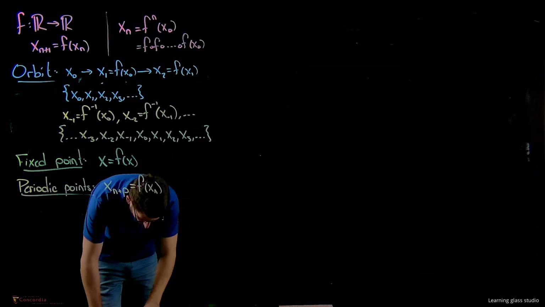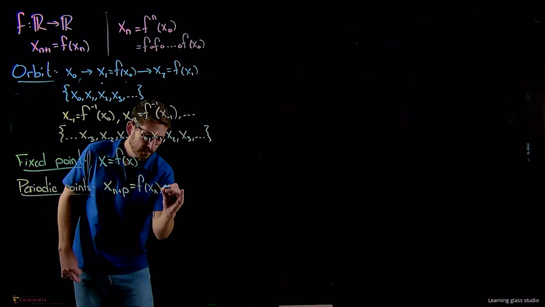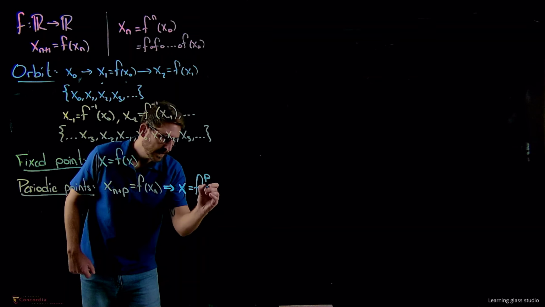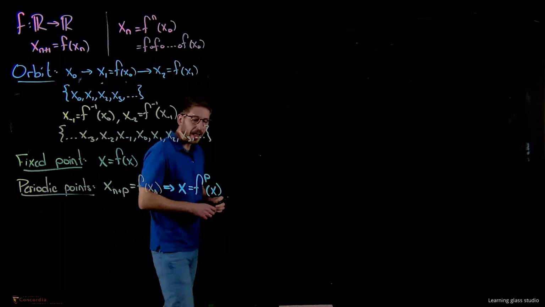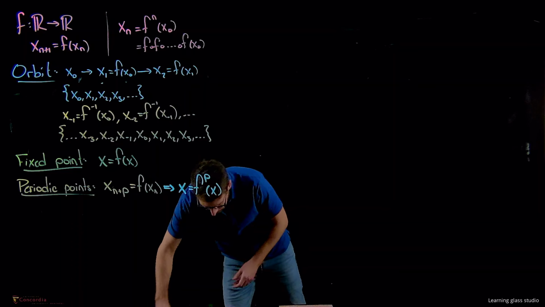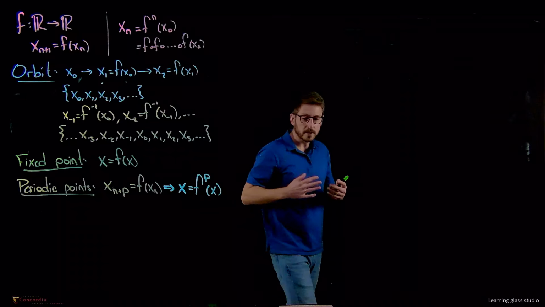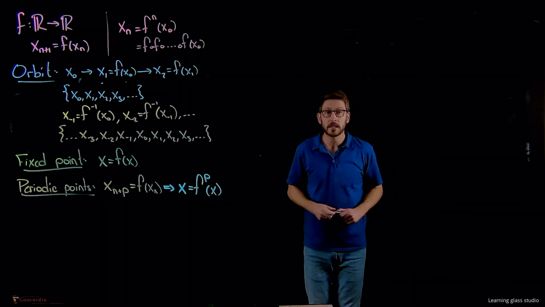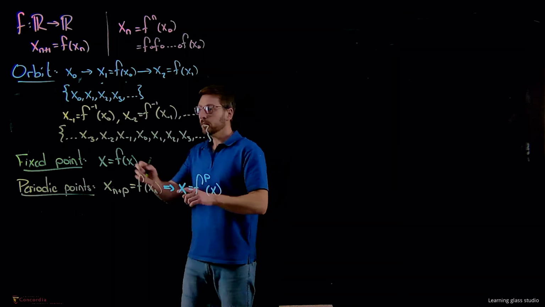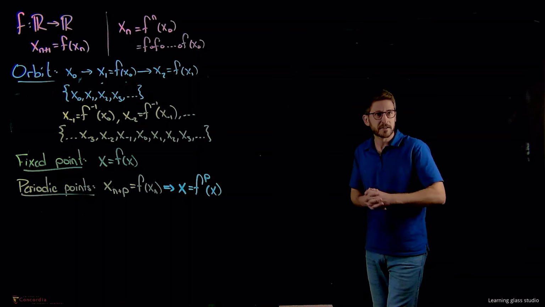And so what this is saying is that it is a point that comes back to itself after p applications. So this would generate an orbit or a sequence that repeats every p entries of the orbit. In particular, we would talk about the prime period, so you can feel maybe number theory starting to show up in here.